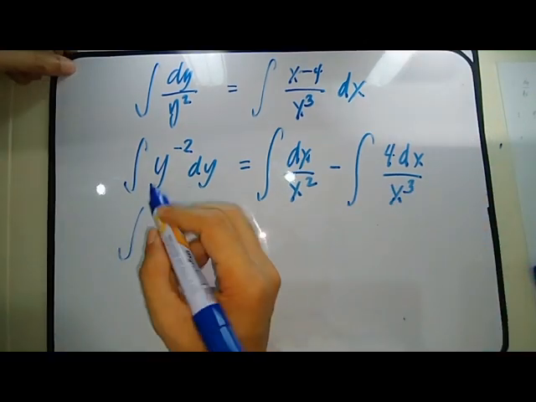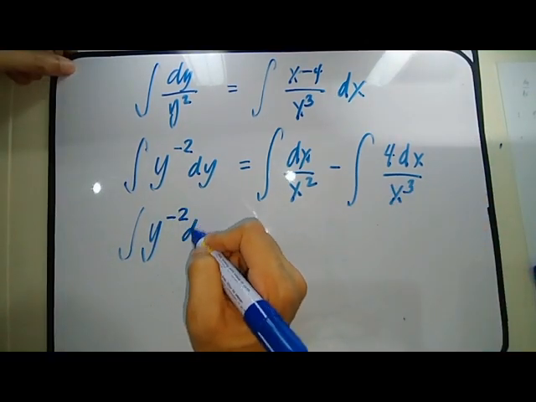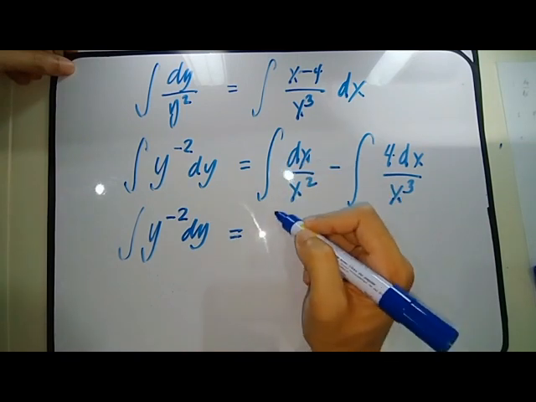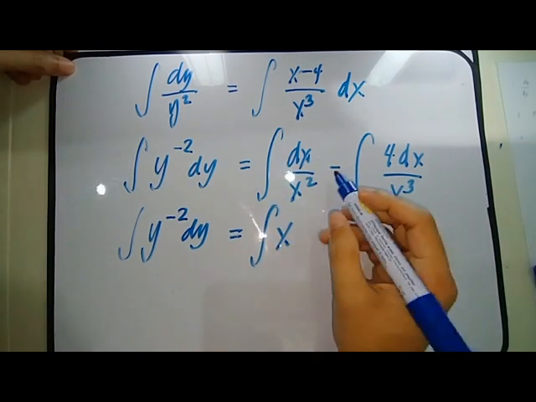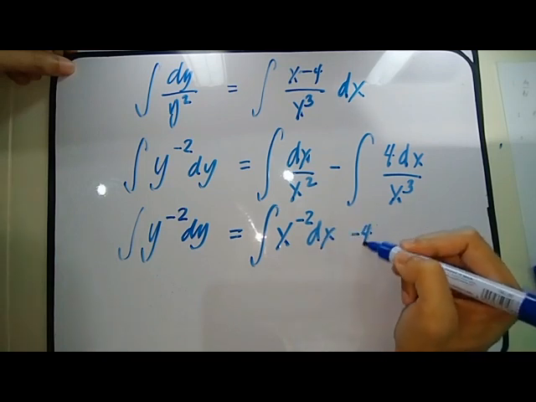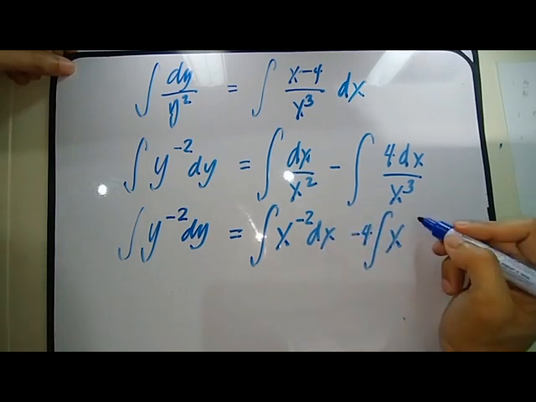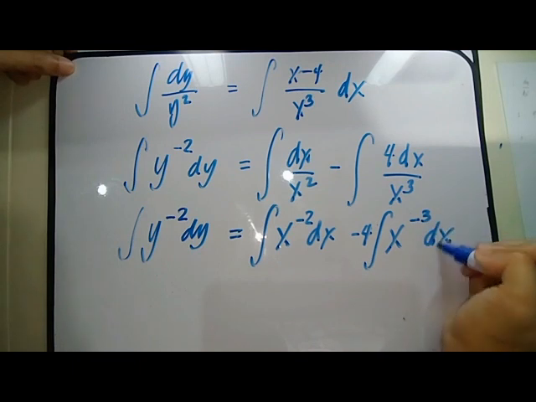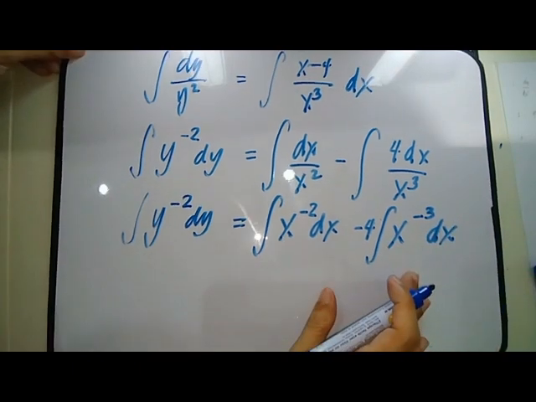So you have the integral of y raised to negative 2 dy equals the integral of x raised to negative 2 dx minus 4 times the integral of x raised to negative 3 dx. Now we can apply the power formula.